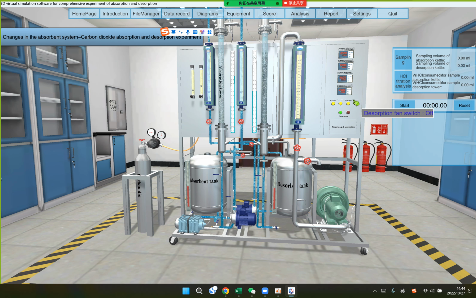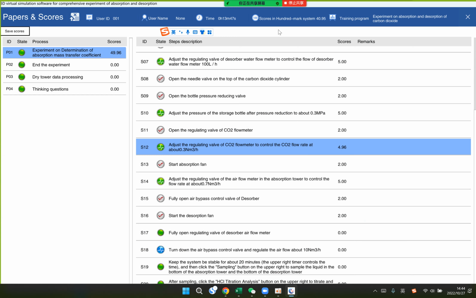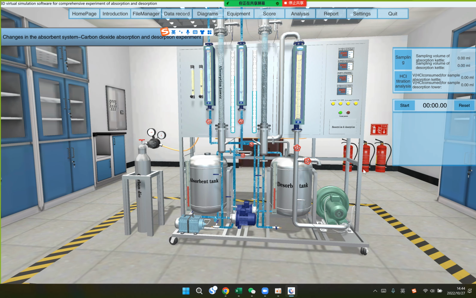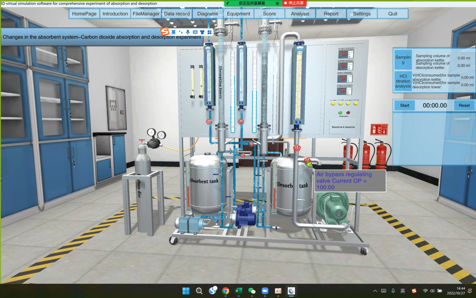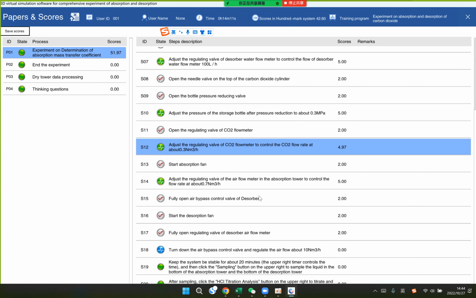and then fully open the regulation valve. Okay, fully open it. And after that, we decrease this valve to control the flow rate in the system for the desorption air. So how much is 10? Okay, 10.